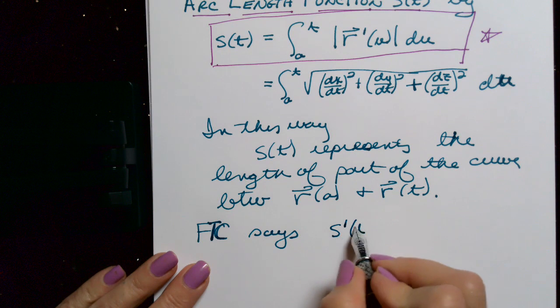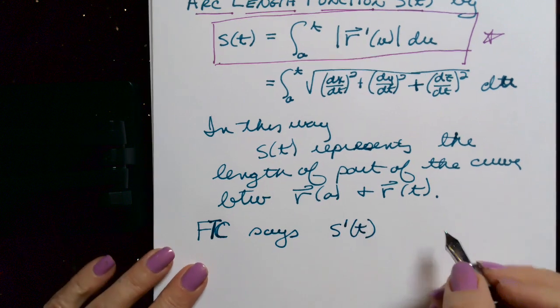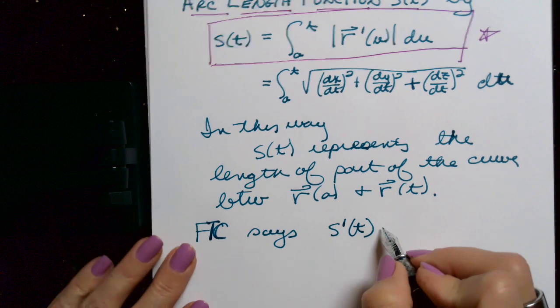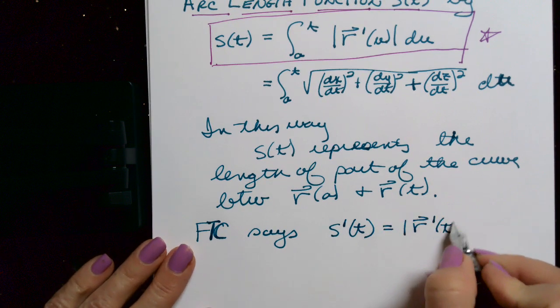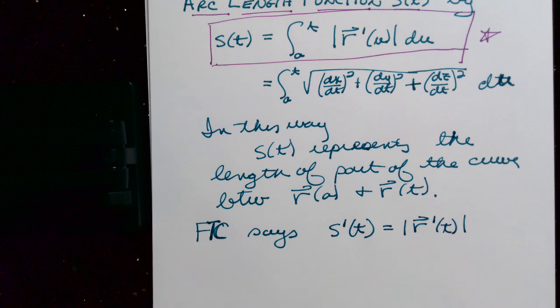So that direct application of the fundamental theorem of calculus from calculus 1 says that s prime of t is the length of r prime of t, period.